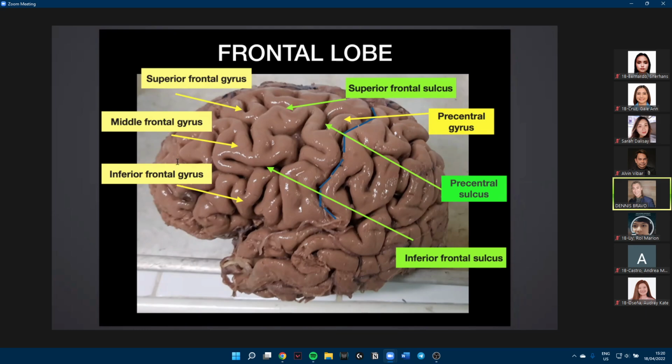The rest of the frontal lobe is divided into the superior frontal gyrus, the middle frontal gyrus, and the inferior frontal gyrus. The superior and middle gyri are separated from each other by the superior frontal sulcus, while the middle and the inferior frontal gyrus are separated from each other by the inferior frontal sulcus.